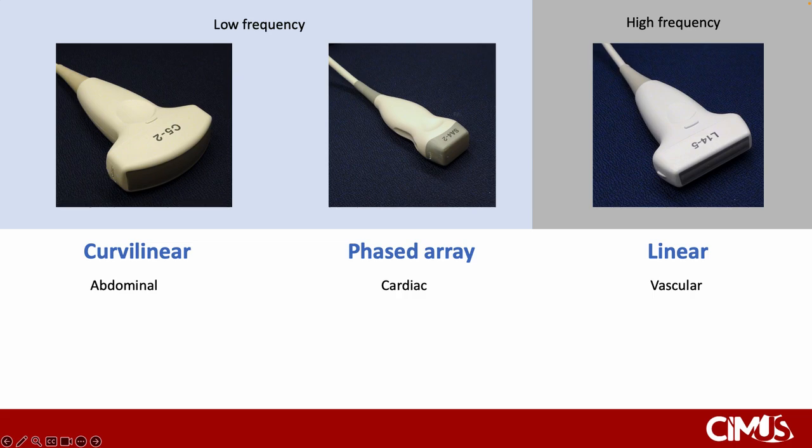You can often see the actual frequency range of a transducer listed right on the transducer itself. And the transducer ranges tend to be in the neighborhood of what's listed here on the slide, but not exactly the same.